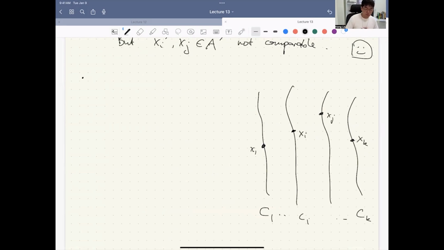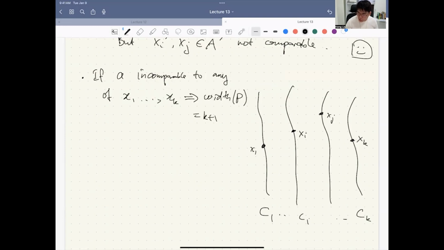They are an anti-chain of maximum size K. So if A is incomparable to any of x1 to xk, then the weight of P is K plus 1. We've done those cases, right? If the weight of P is K plus 1, you let A be a separate chain, we are done.